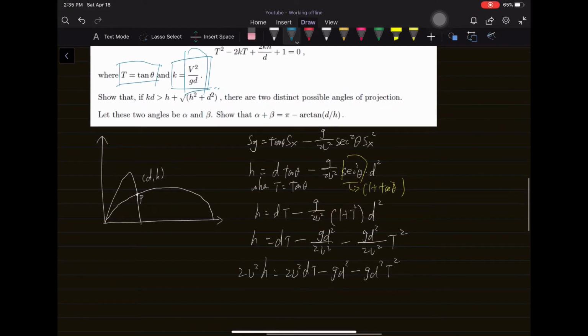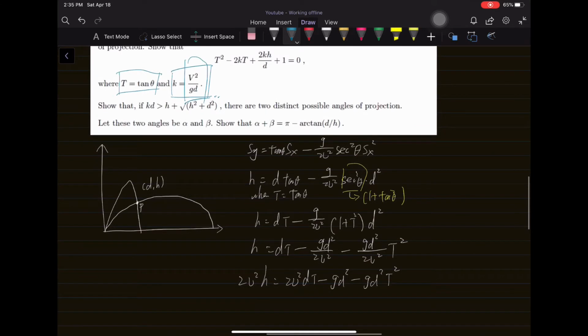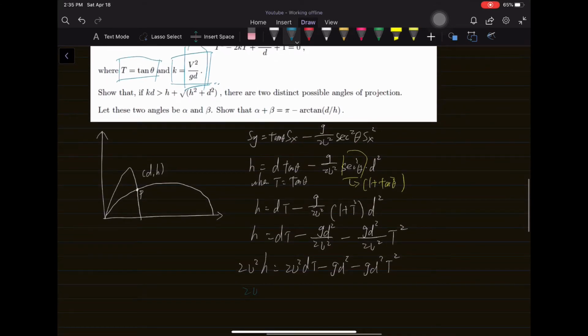So why don't we just divide gd on both sides? gd minus d minus dt squared.